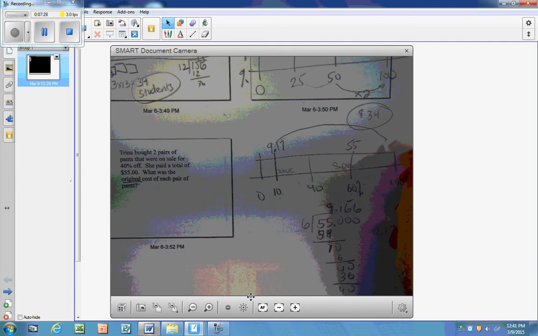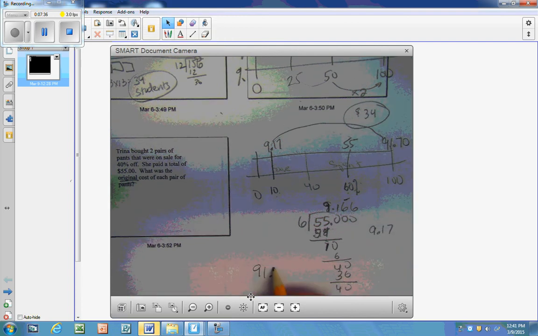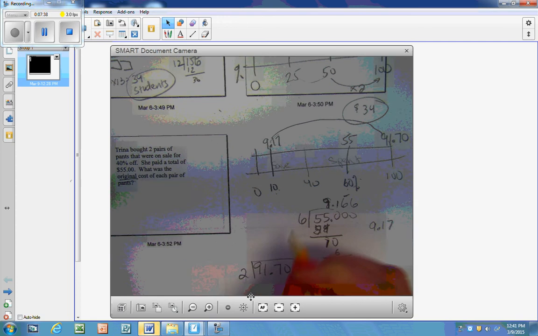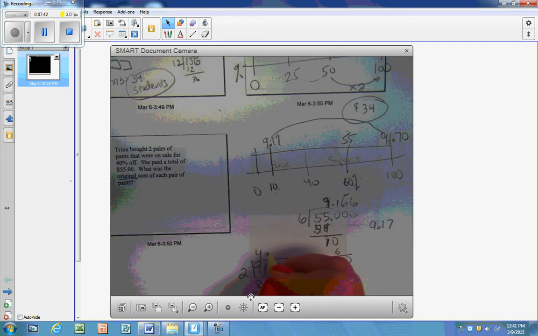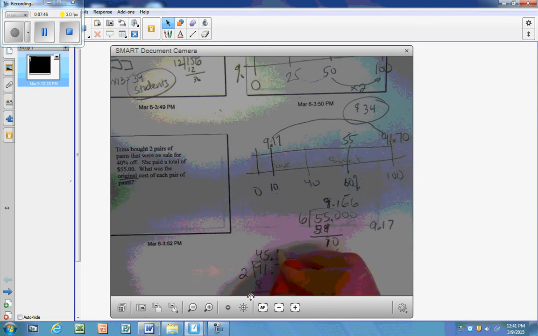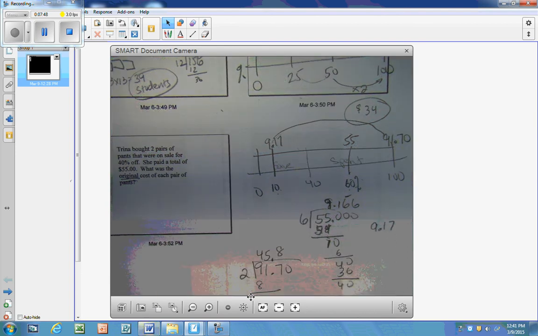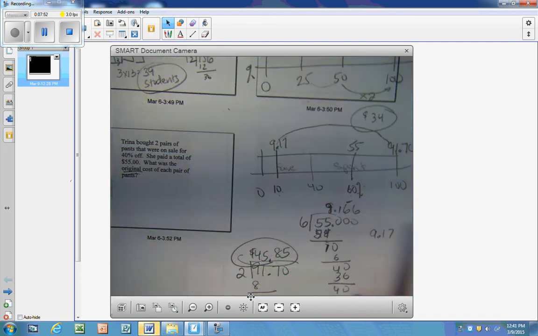Times that by 10 to get $91.70 as the 100% number. And that was the cost for 2 pairs of pants. So our last step would be to divide that $91.70 in half. And we get $45.85 is the regular price of each pair of pants.